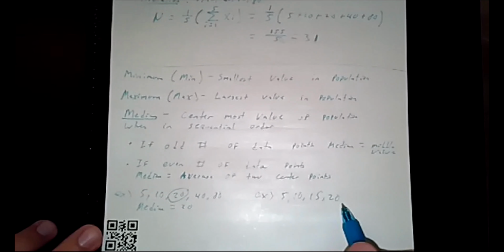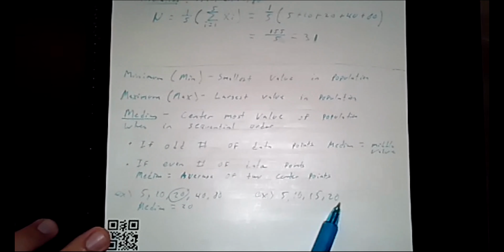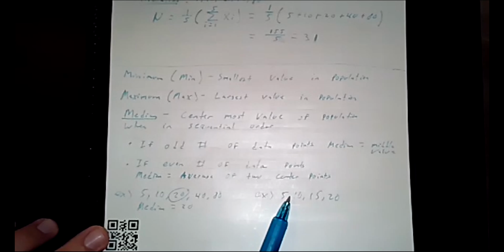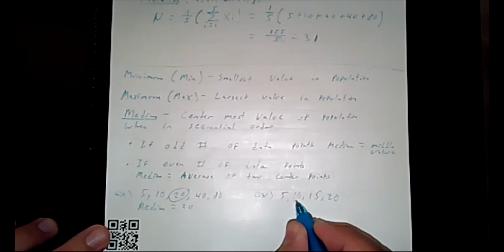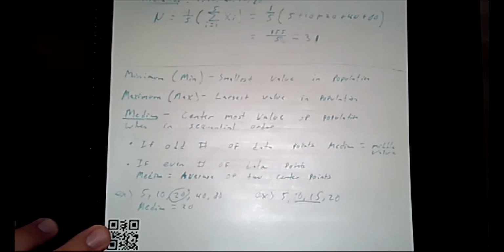Now here we remove the last two terms and added 15, right? So it's a little bit different: 5, 10, 15, 20. There's 4, so it's even. What you have to do is take these middle two and average them.